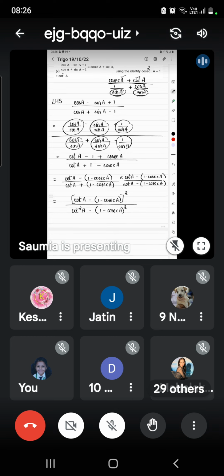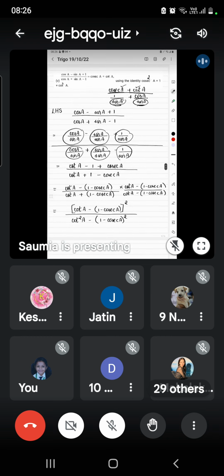Because my LHS had only cos A and sine A, whereas my RHS had cosec and cot. Cosec and cot both have sine A in their denominators. So I had to bring a sine A in the denominator of my LHS also. That's the reason why I brought sine A. And the reason here will be dividing the numerator and the denominator by sine A.